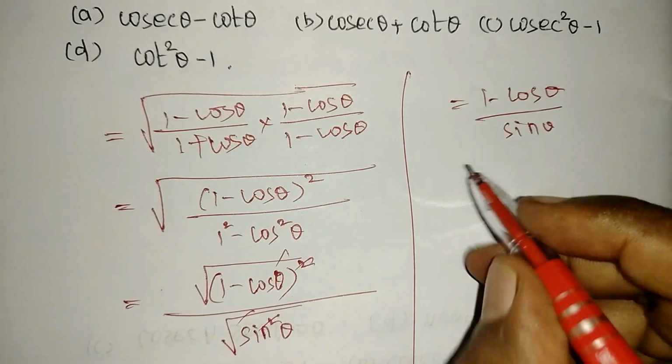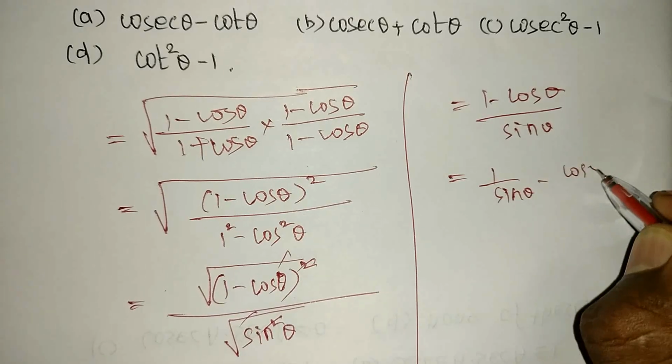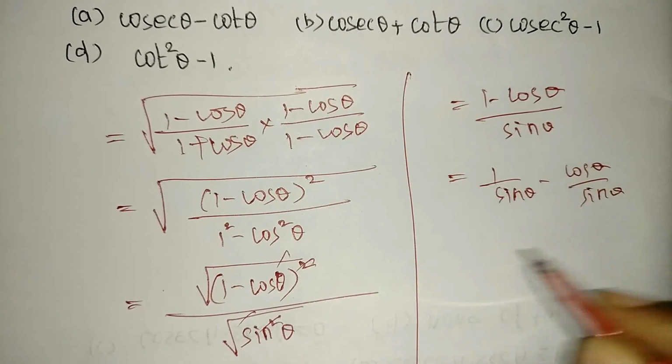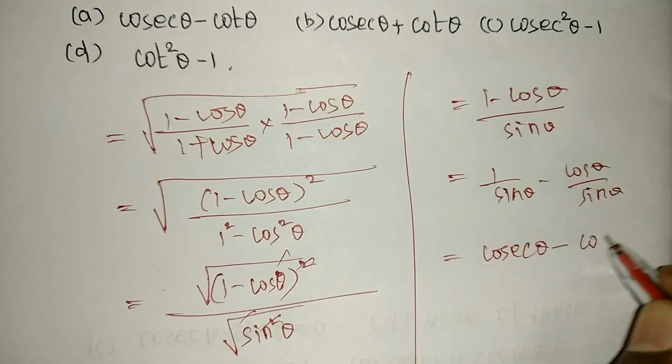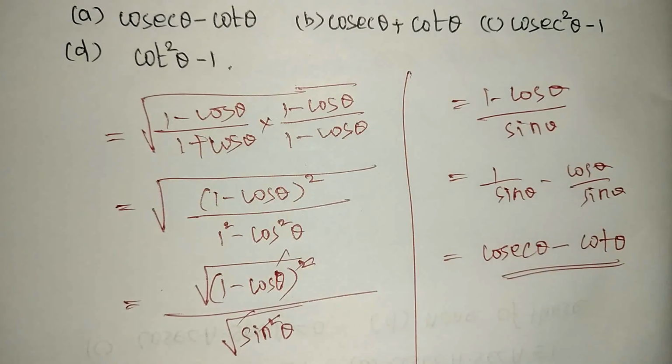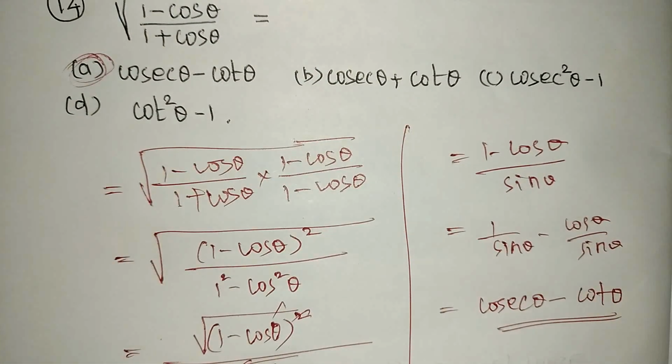The sin is common for both now, so 1 by sin and cos by sin. 1 by sin we know very well is cosecant theta minus cos by sin we know is cot theta. So we have option A, cosecant minus cot theta. That is we got it.